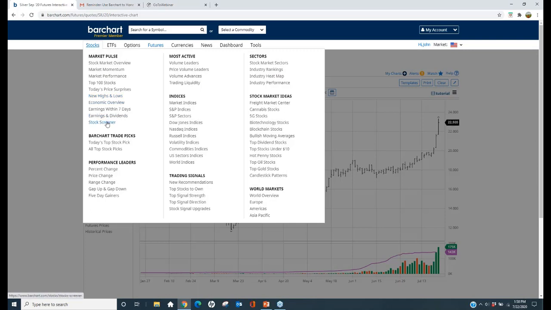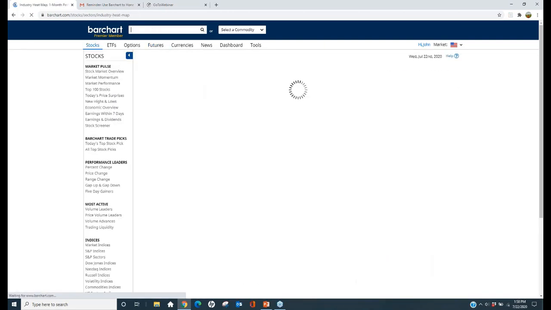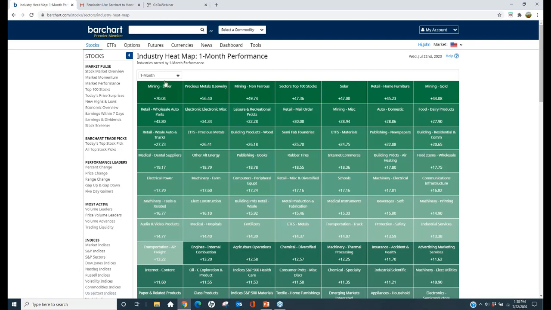If I go back to stocks, and I go under the industry heat map, I do see that last month, silver stocks have outperformed the market.